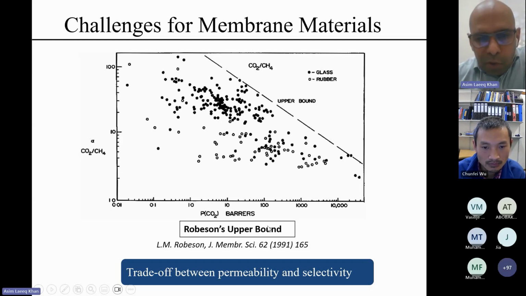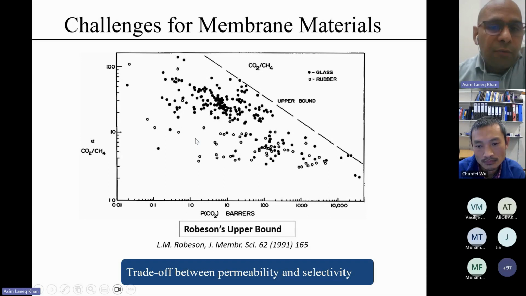This graph was first plotted by Robeson way back in 1991, but over the years different plots have been made, and we can see that there is an upper bound. Membranes that are highly permeable are less selective, and membranes that are highly selective are less permeable. So for each type of material there is a trade-off between selectivity and permeability.